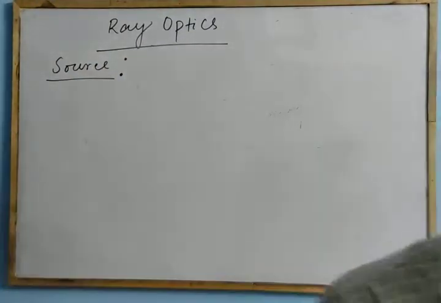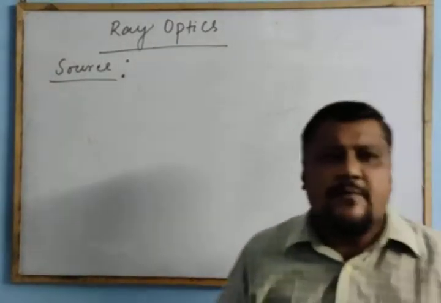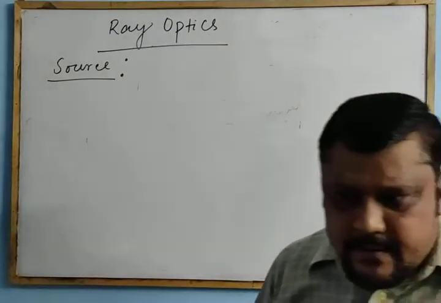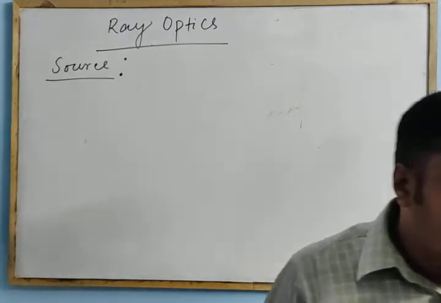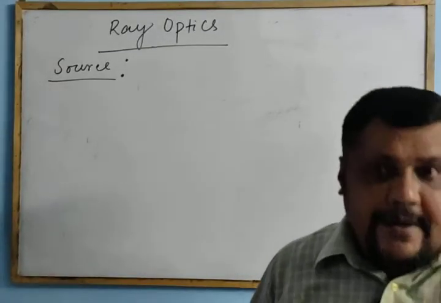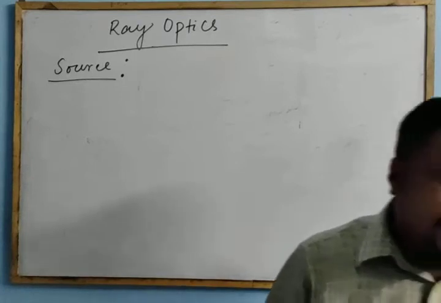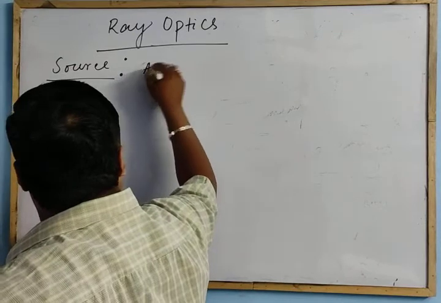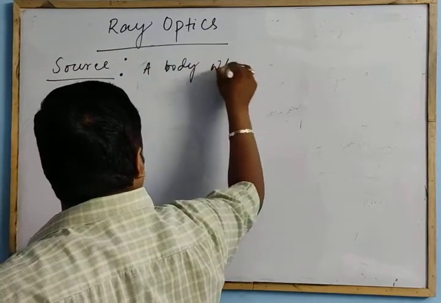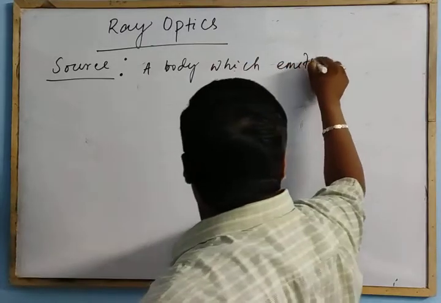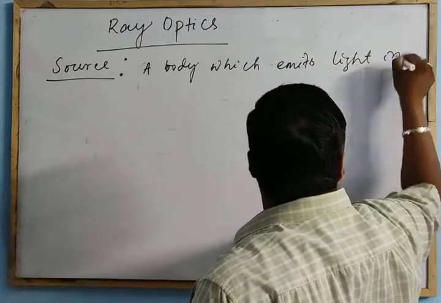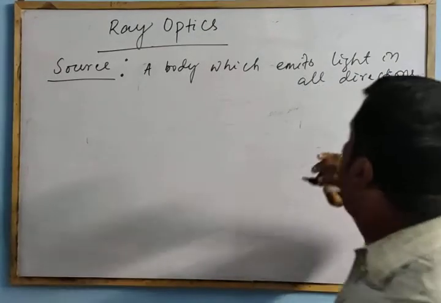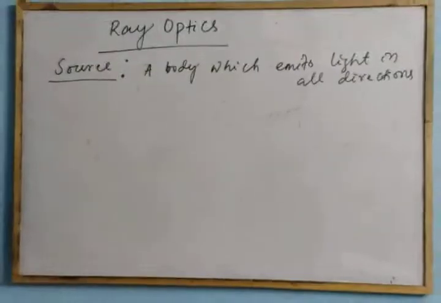What is this source? What do you mean by a source? We can say a body or an object which emits light in all directions.